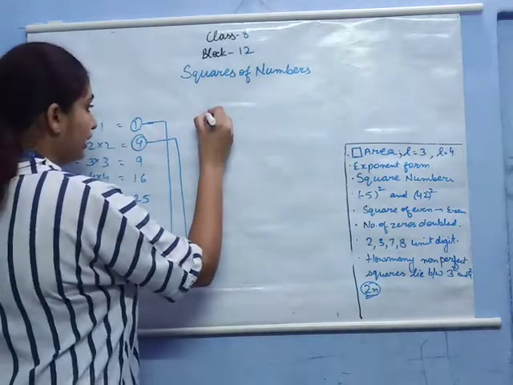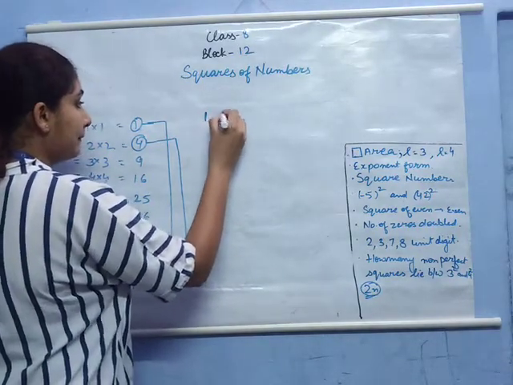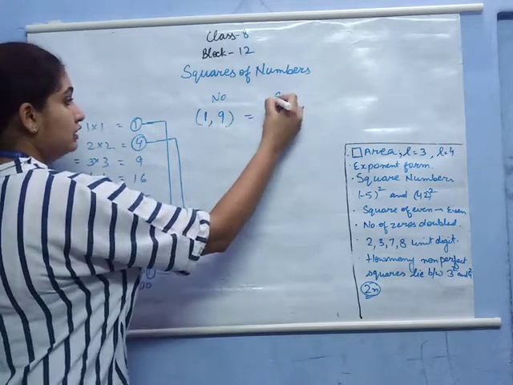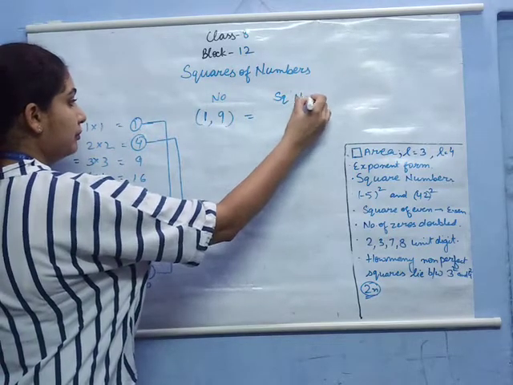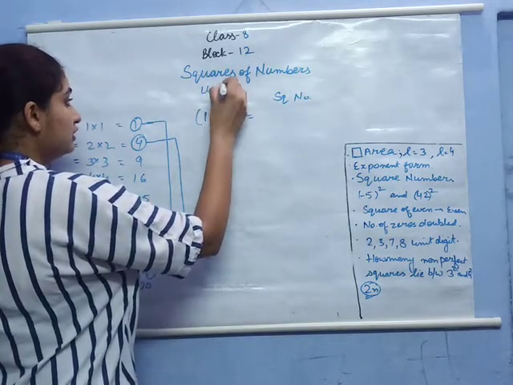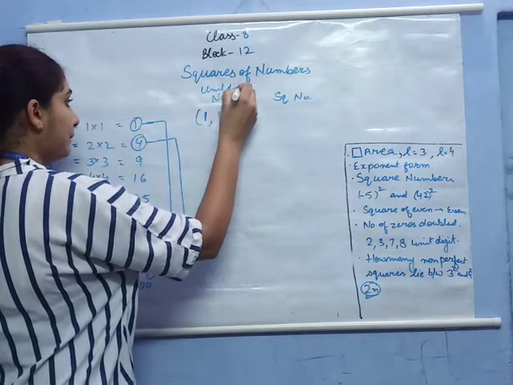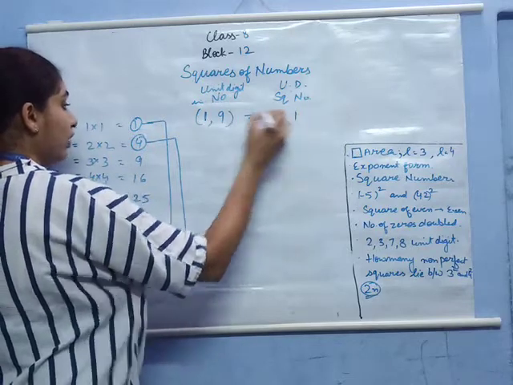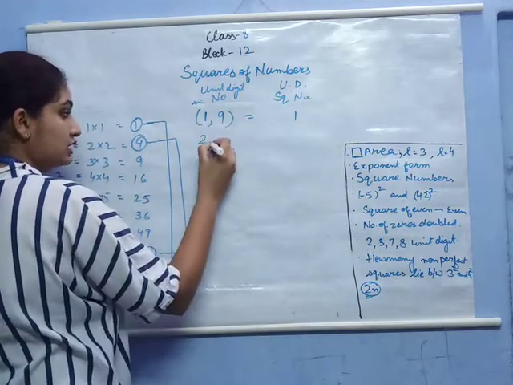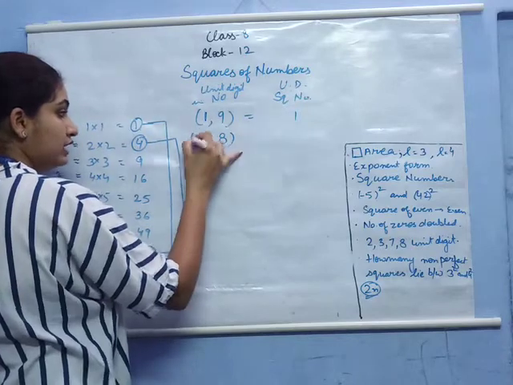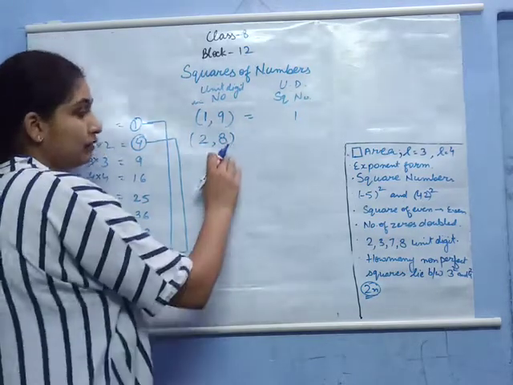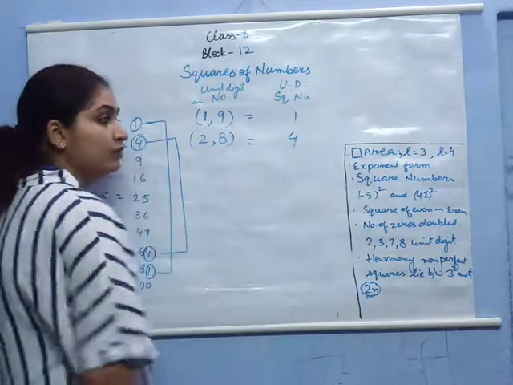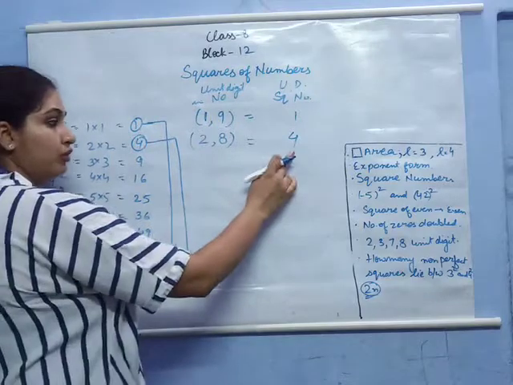What I'm trying to say is, if the unit digit in the number is 1 or 9, the unit digit in the square number will be 1. If the unit digit is 2 or 8, if the number ends with 2 or 8, that number's square will for sure end with 4. Because 2 ka square 4, right?